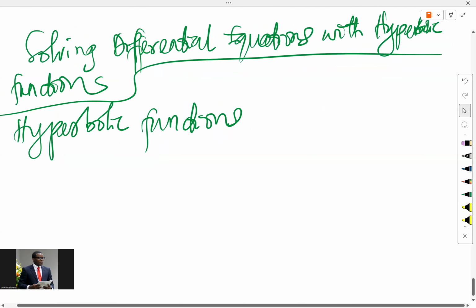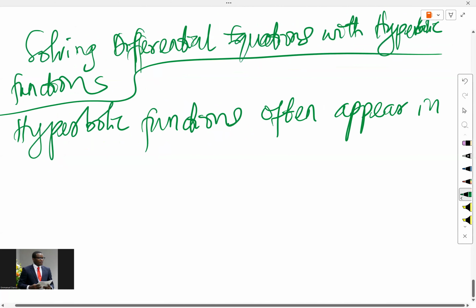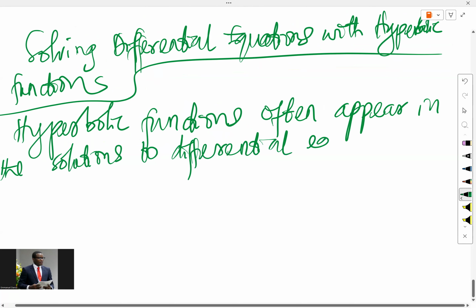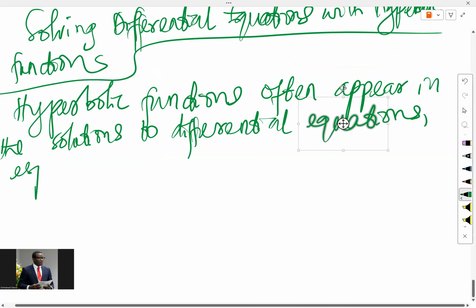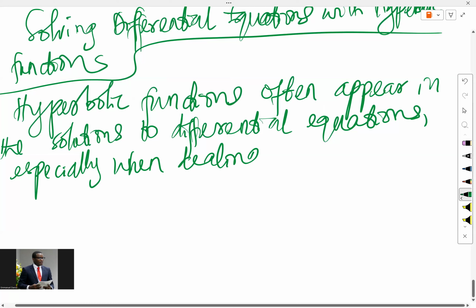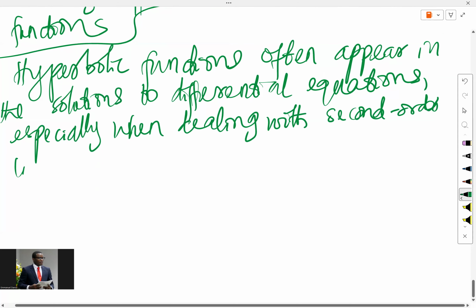So hyperbolic functions often appear in the solutions to differential equations, especially when dealing with second order linear differential equations.